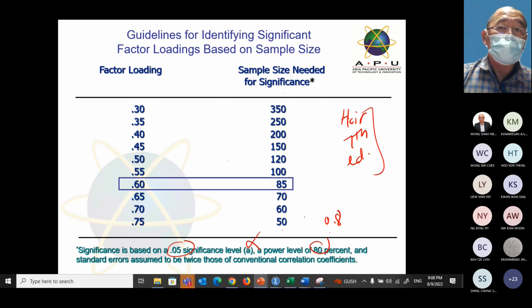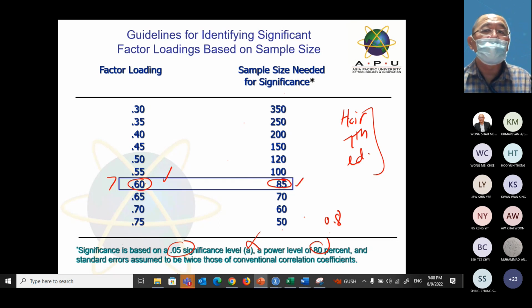We see how to use this. Example here, let's say a factor loading of 0.6 is considered good if your sample size is 85. Or let's say you want to consider it significant, your sample size must be 85 and above.